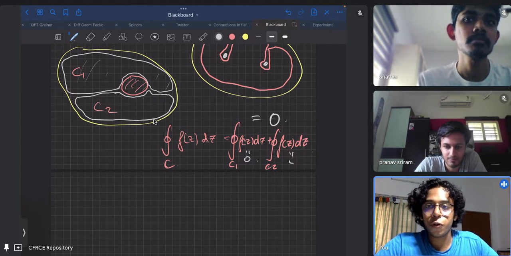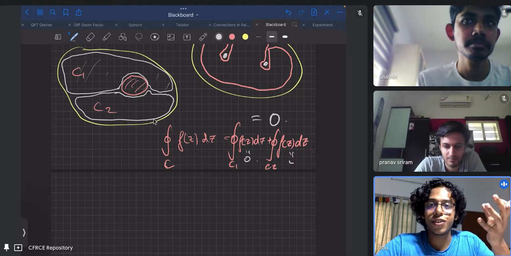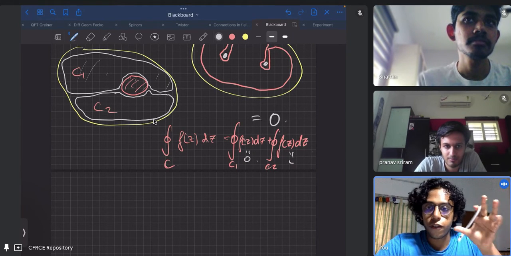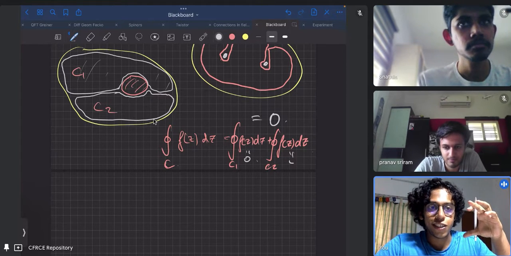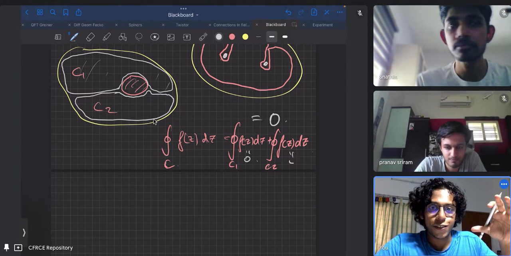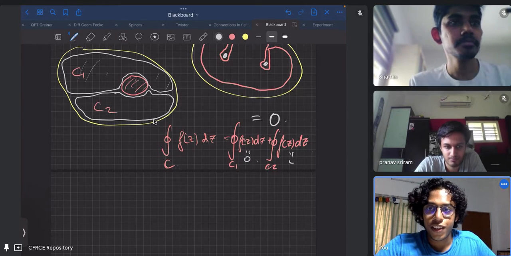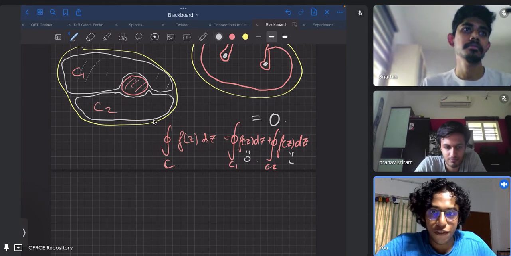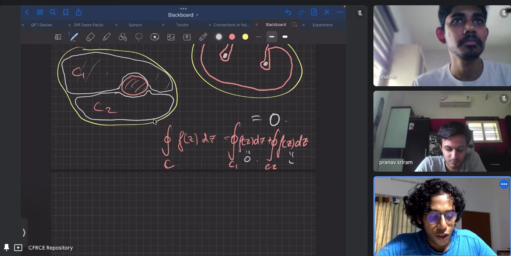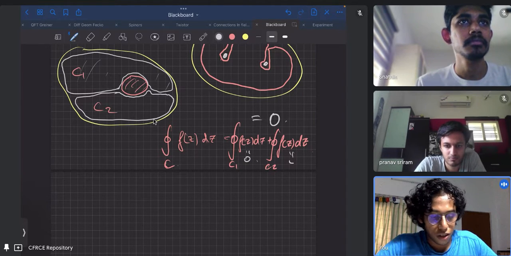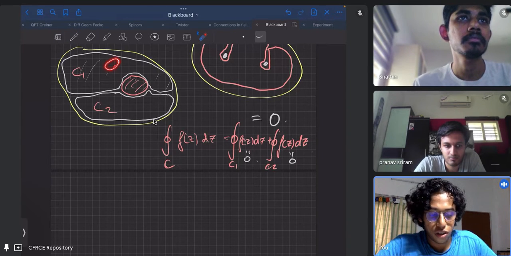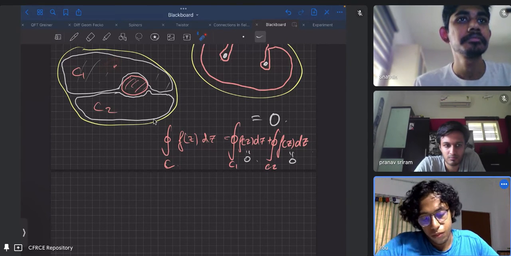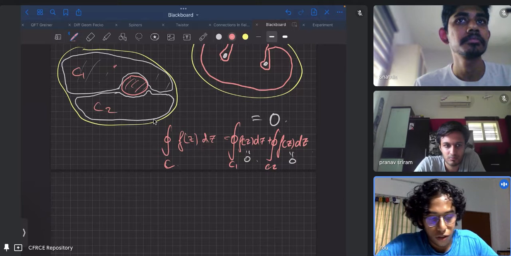So what you do is you're essentially just talking about some weird way of writing down your contours. There are no singular regions here, so you just have 0 there. Of course, if there is a singularity, you obviously need to take that into account. But if there is no singularity, then it's all 0.